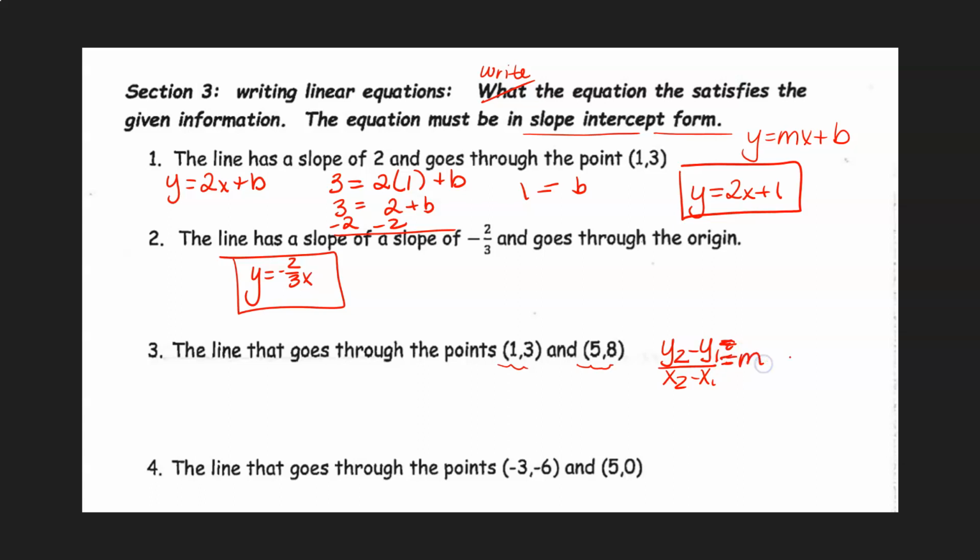This is your slope. So I'm going to take 8 minus 3 over 5 minus 1. That's going to give me a slope of 5/4. I'm going to now plug in what I know and use one of the points. I'm going to use 1, 3.